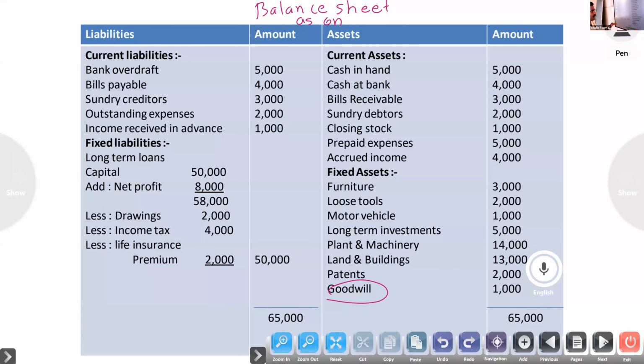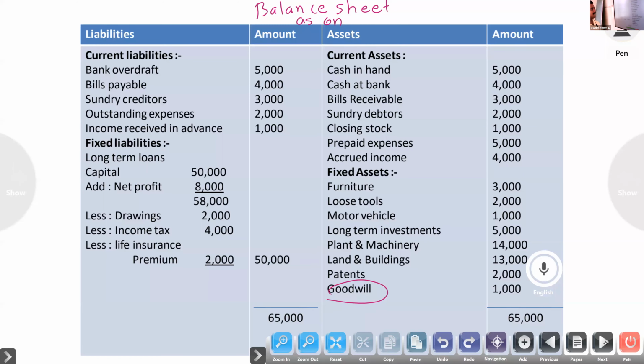The assets which are used for a long period are written first. Understand? So first we will write the fixed assets, then current assets. There, first we will write fixed liability, then current liability. That is in the order of permanence.